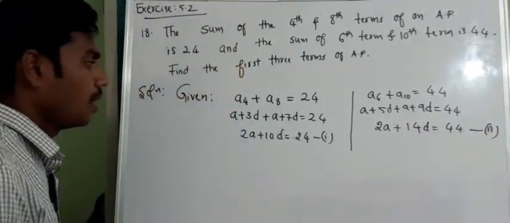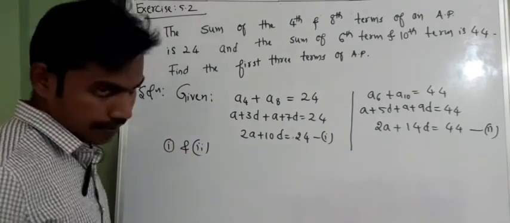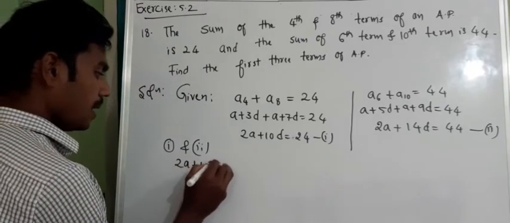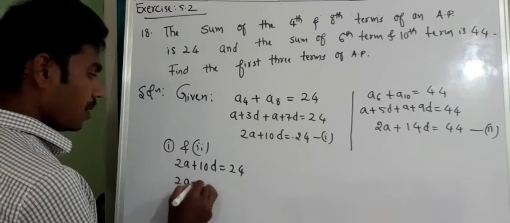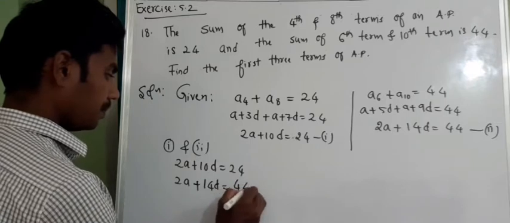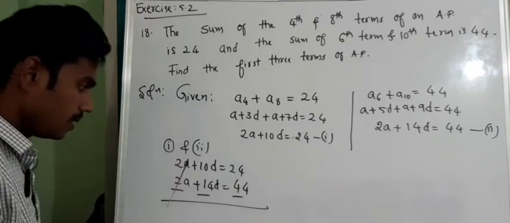What I do? I will solve equations 1 and 2 to get the values of A and D. 2A plus 10D is equal to 24, and 2A plus 14D is equal to 44. Subtracting, 2A cancels.